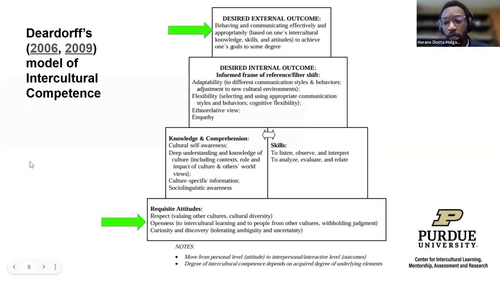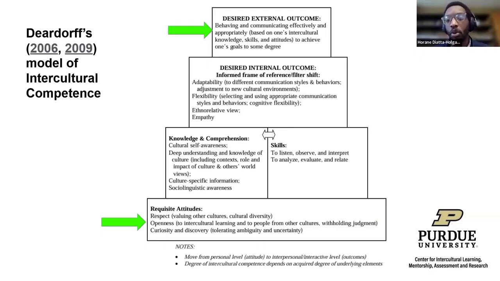So in developing the AAC&U rubrics, I've had the privilege to talk to some of the people who worked on the rubrics. And one of the important models was Darla Deardorff's pyramid model for intercultural competence. I found this to be a valuable tool in my own work, thinking about at the top level the desired external outcome, intercultural knowledge and competence, being able to communicate effectively and appropriately.